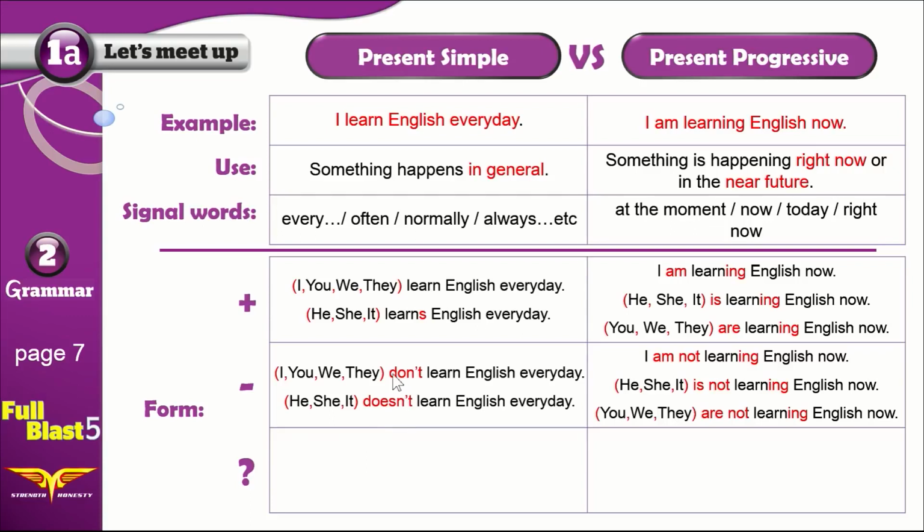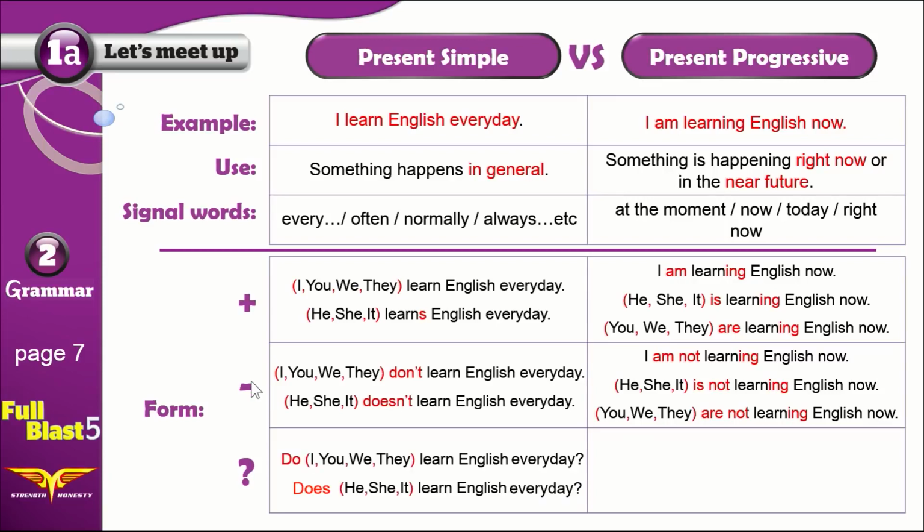The same thing. Instead of starting with the subject pronoun I, you, we, they, you will start using "do." Put it at the beginning. Pick it up from right here and put it at the start. Do I learn English every day?